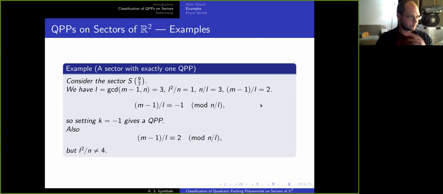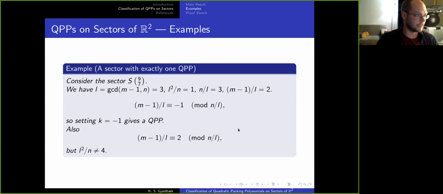So the congruence 2 is congruent to minus 1 mod 3 holds. That means we're allowed to set k equal to minus 1, and this gives us a quadratic packing polynomial. Now 2 is also congruent to 2 mod 3.